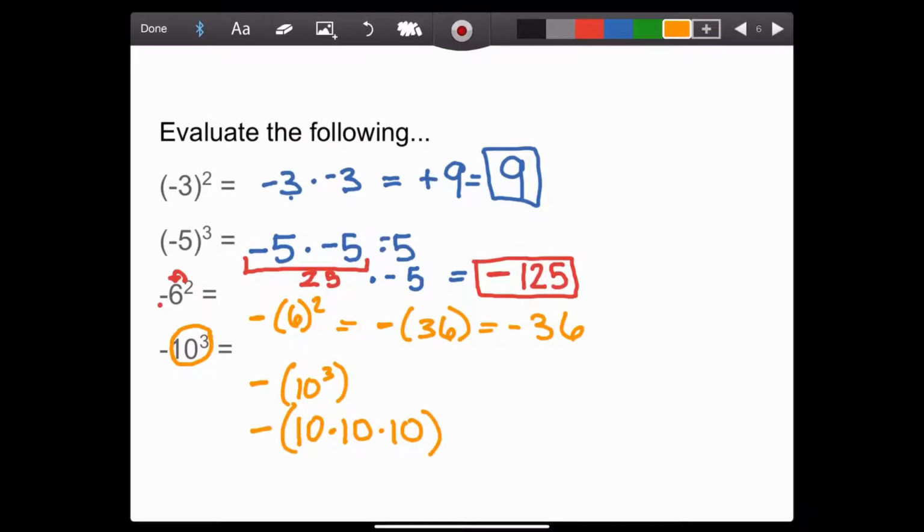Okay, so 10 times 10 times 10 is 1,000, and then you need to put the negative in front there because it's on the outside. Now, the difference between these two right here and the top two: this is squaring the whole number here. This is only squaring that number that it's attached to, and the negative is just on the outside.